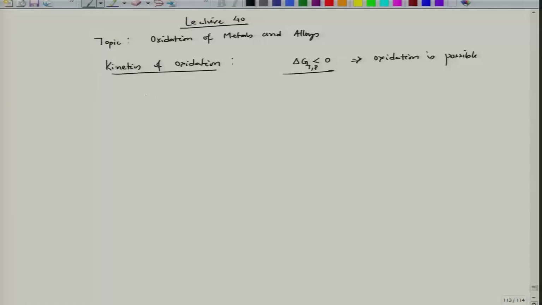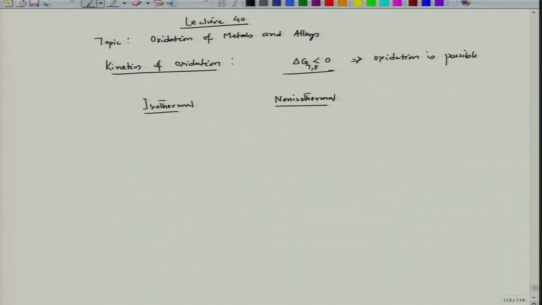There are two ways one can find out. One is isothermal, another one is non-isothermal. So, these are the two routes.